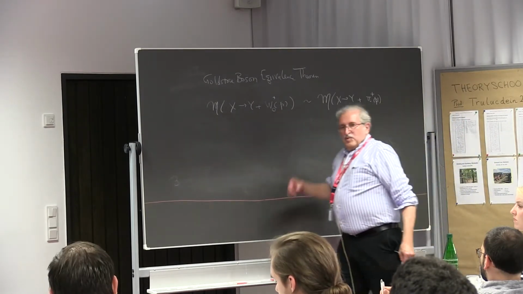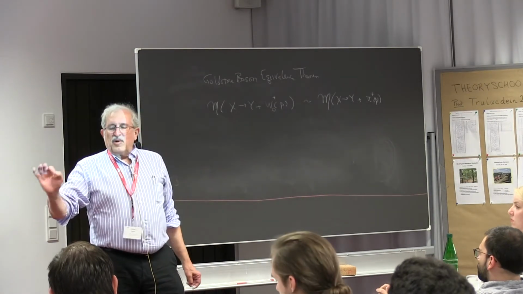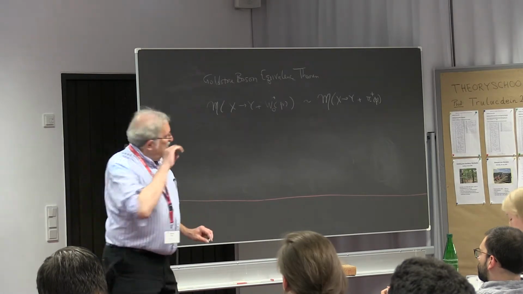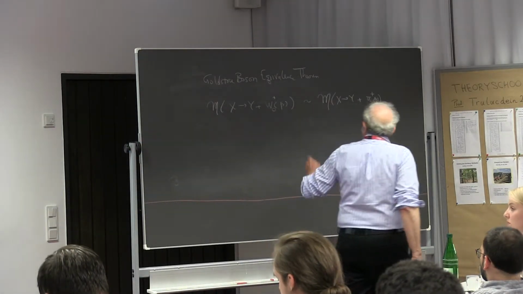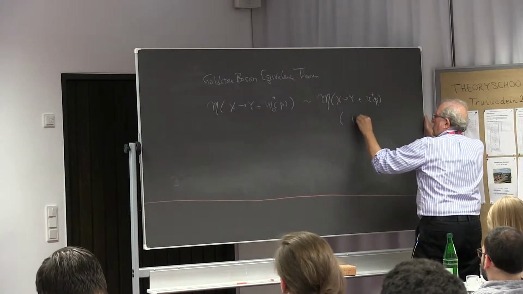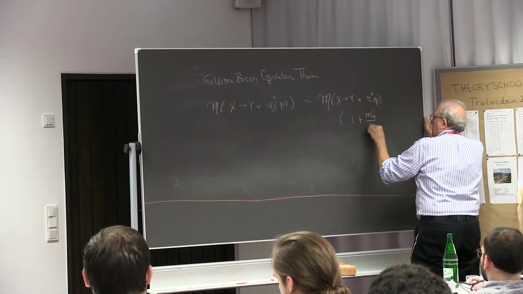As the W is boosted, it more and more resembles the Goldstone boson that it ate to the exclusion of anything else. And so this amplitude is asymptotically equal to this amplitude with corrections that are of order MW over P.